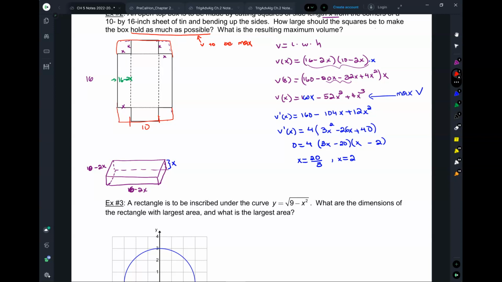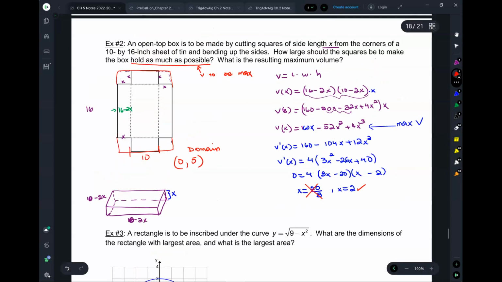So x, which is the length of how much you're cutting from the edges, x can only go from 0 to 5. So that's your domain. And so now when we look at the critical points that we got, x equals 2, that's fine, but 20 over 3, that's 6 point something. That is not in my domain, so I need to throw it away.